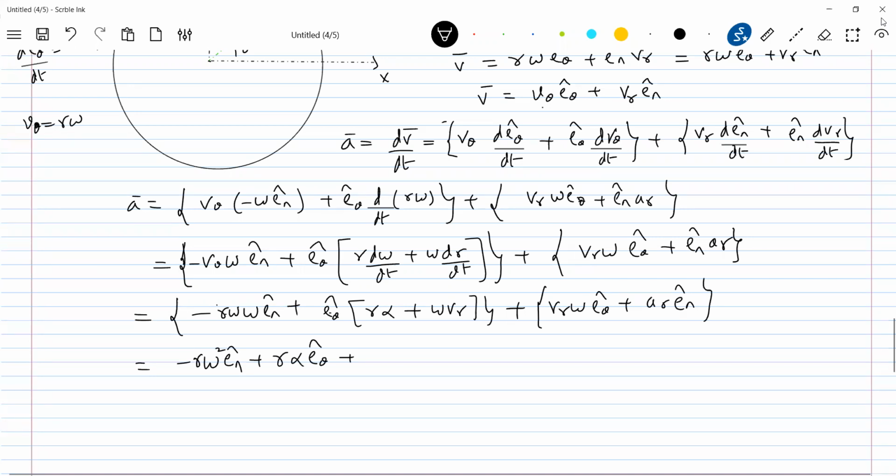VR, what can you write it as? We can write it as radial velocity. No, don't write VR as this one. V theta is R omega. Keep it as it is. So omega VR E theta cap, so this will be VR omega E theta cap.